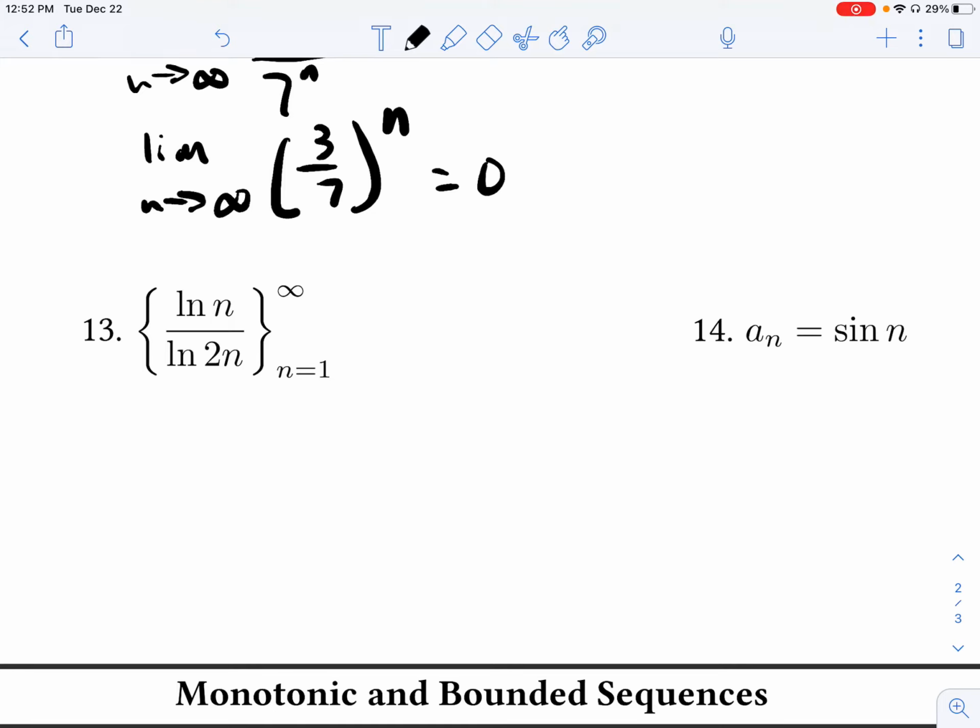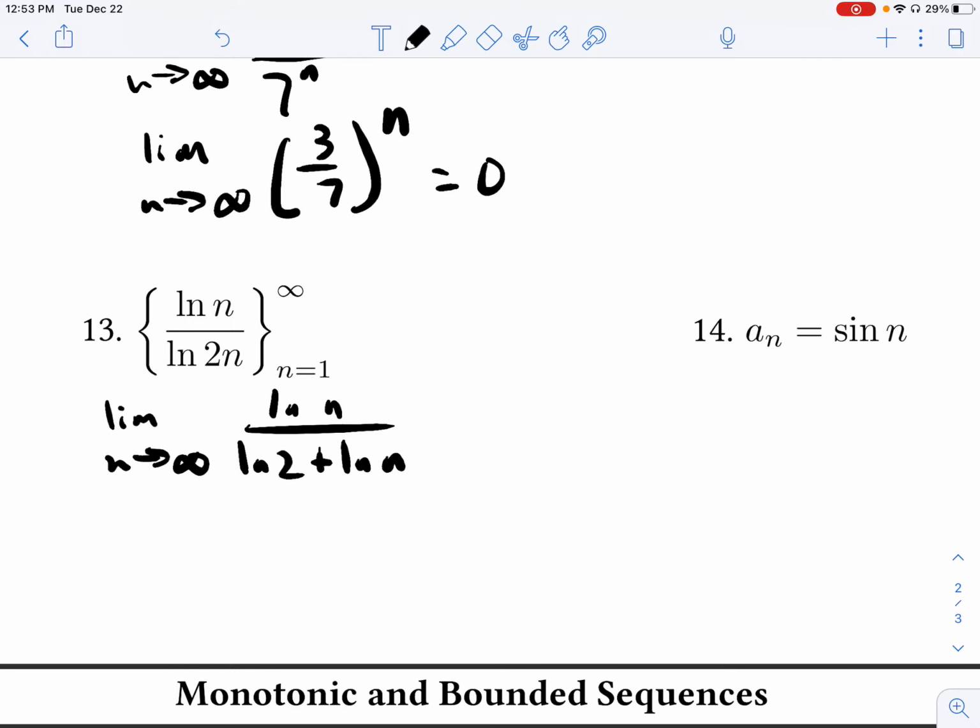But I want to encourage you to see if you can evaluate this limit without resorting to L'Hopital's rule. So I'll let you pause the video real quick and see if you can figure that out. And one way, if you're back, is to use log properties. In other words, we can write this as the limit as n approaches infinity of the natural log of n all over natural log of 2 plus the natural log of n.